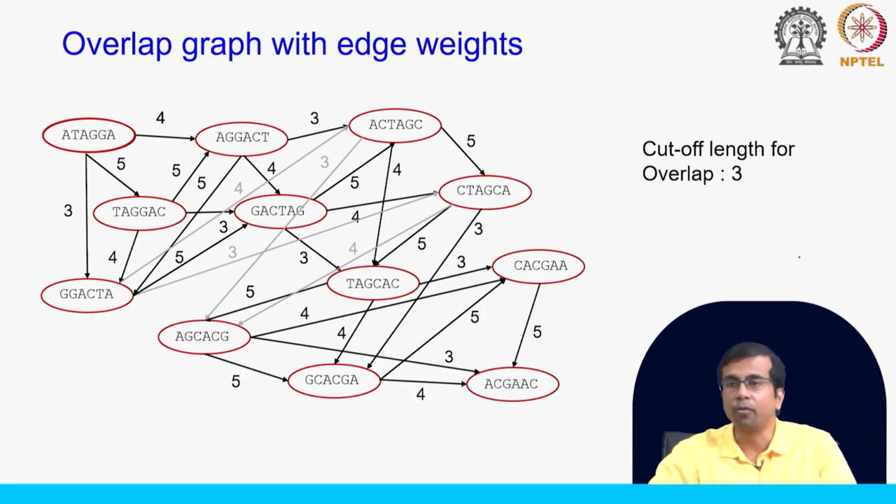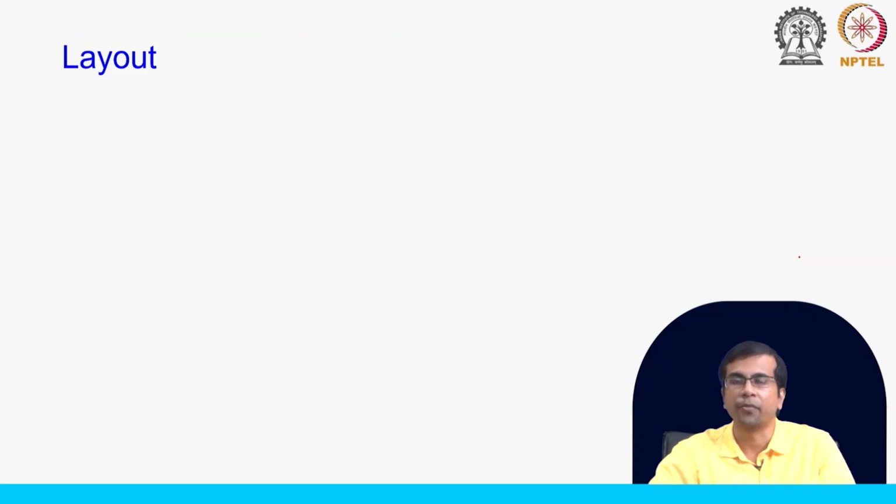Now, what you can do with this overlap graph? Can we apply this layout approach on this overlap graph to find the reference sequence? Instead of the SCS approach or greedy SCS approach, how does the OLC approach find the reference sequence from this overlap graph? So, the layout approach.